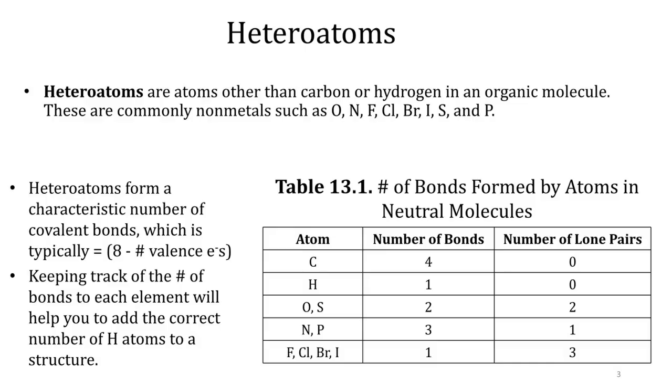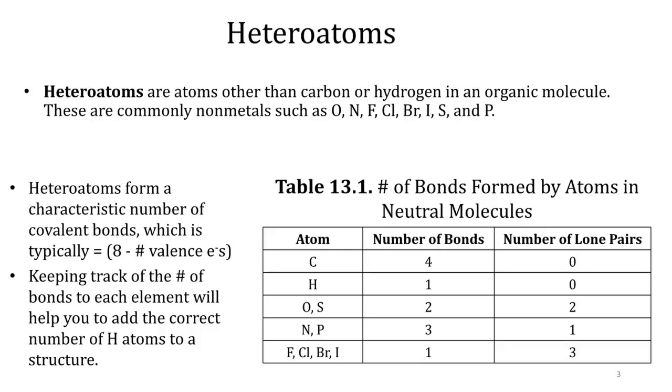So here we can see in this table we have the various atoms, the number of bonds they form, and the associated lone pairs for the systems. So of course, carbon has 4 bonds, has 4 valence electrons, and does not have lone pairs associated with it in any organic compounds. Hydrogen, on the other hand, has 1 bond and no lone pairs. Now, oxygen and sulfur, which are in group 16, have 6 valence electrons, so they tend to form 2 bonds, and then they will have 2 associated lone pairs.